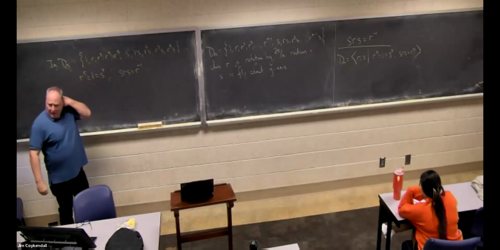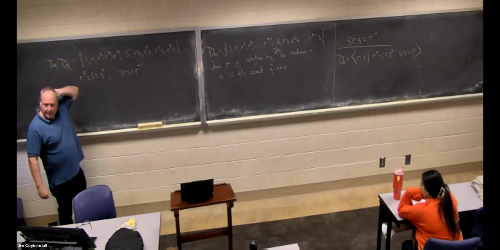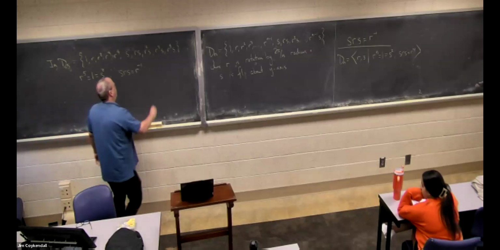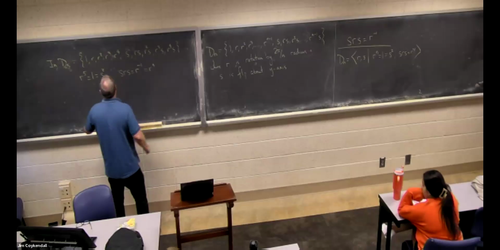By the way, what's another way to write R inverse in this particular dihedral group? Part of the 4, which is the same thing as R to the 4 here, because R to the 5 is 1, so the inverse of R is R to the 4. Right, so R inverse is R to the 4.